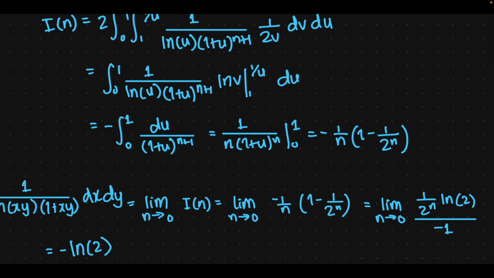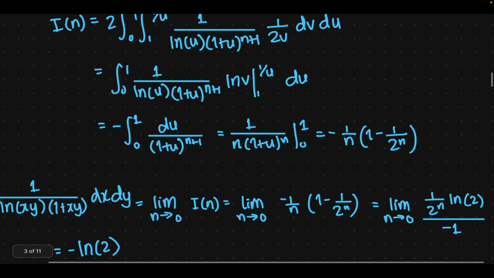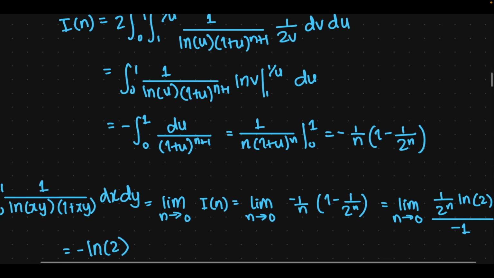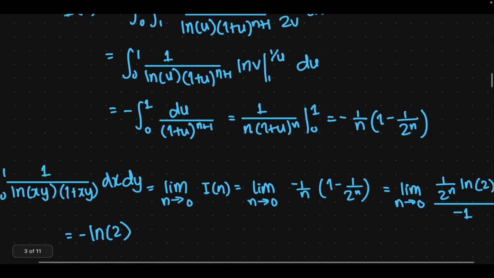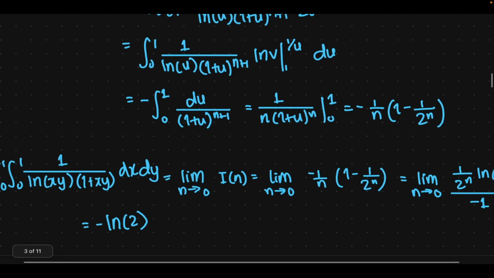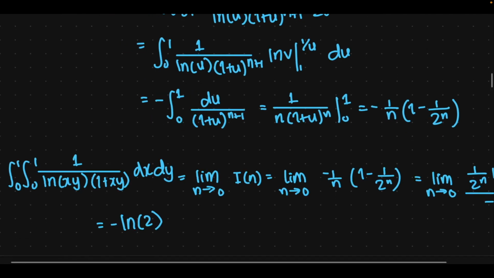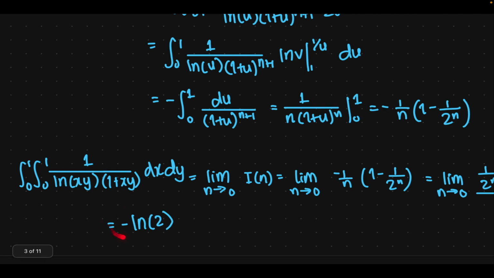And then I notice that this is of the form 0 by 0, so I can use L'Hopital's rule freely. I differentiate the numerator and the denominator, and I get 1 over 2 to the n ln 2 as the limit as n goes to 0, with a minus. So we get minus ln 2 after taking the final limit, and that is quite a surprising answer.